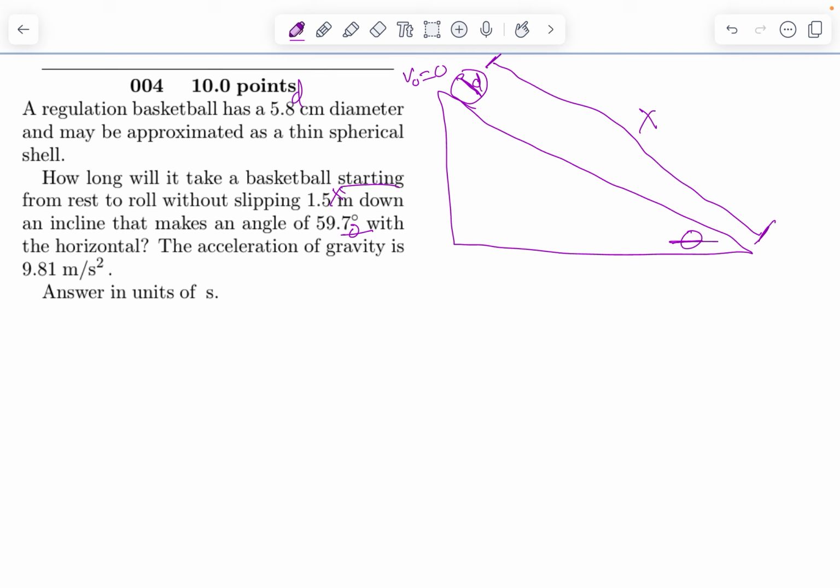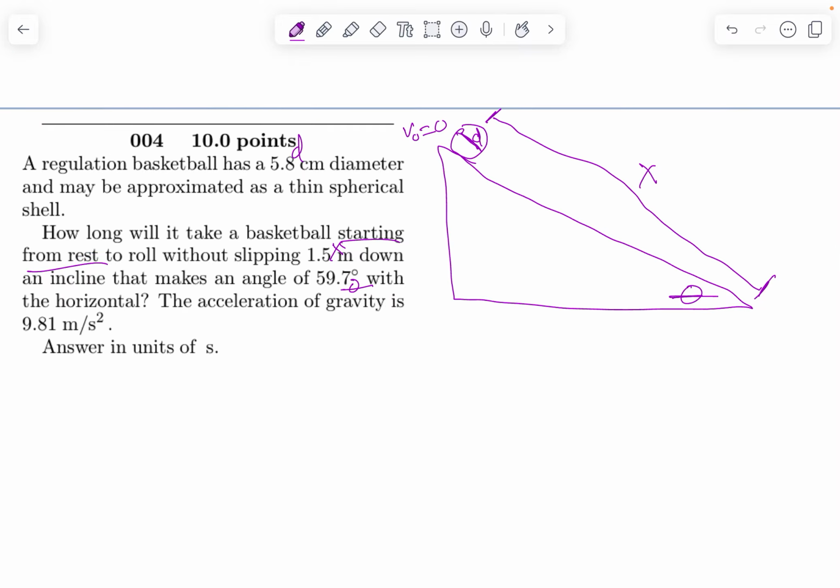So if you know the final velocity, then you're able to use your kinematics to solve for the time it takes to travel that distance.